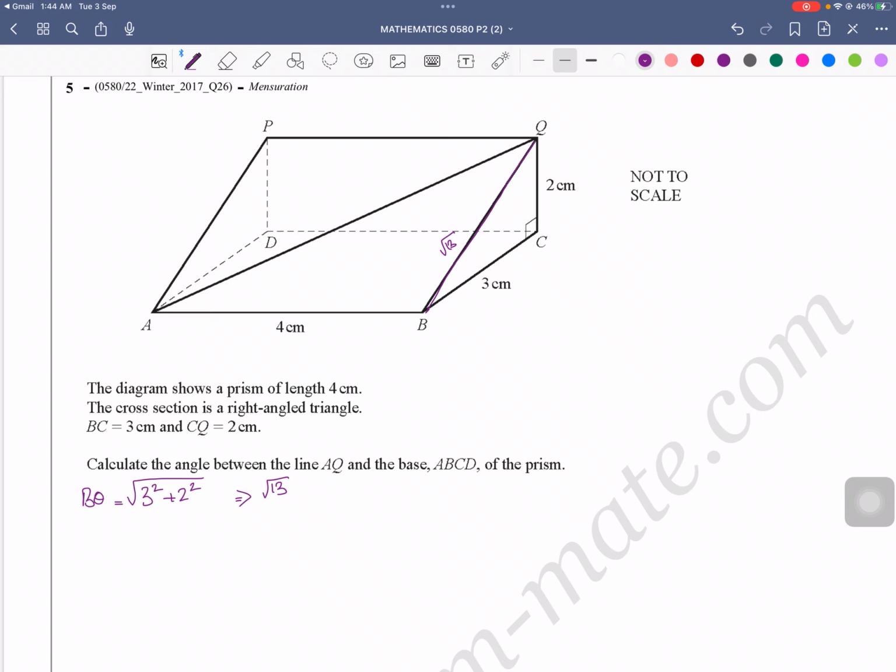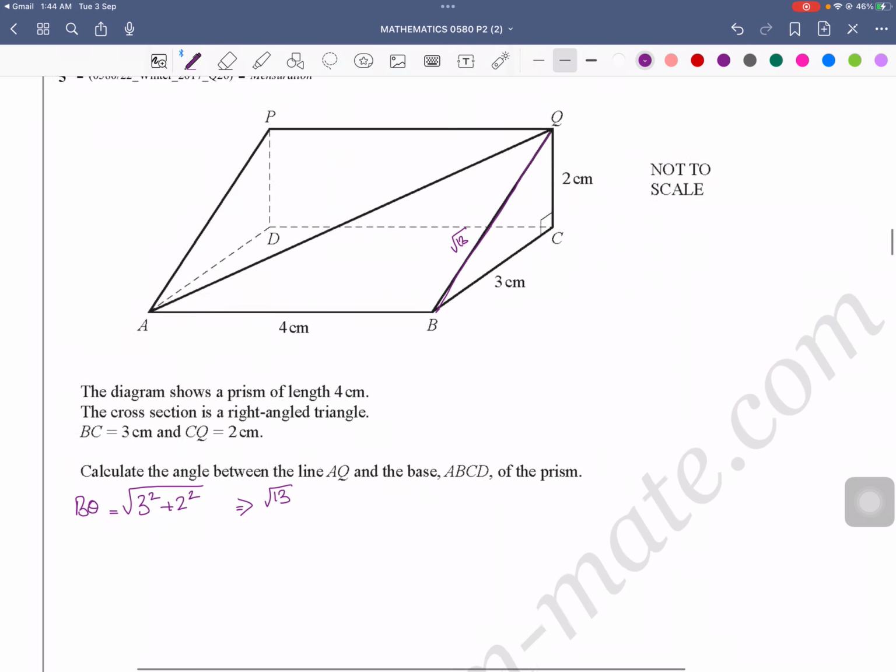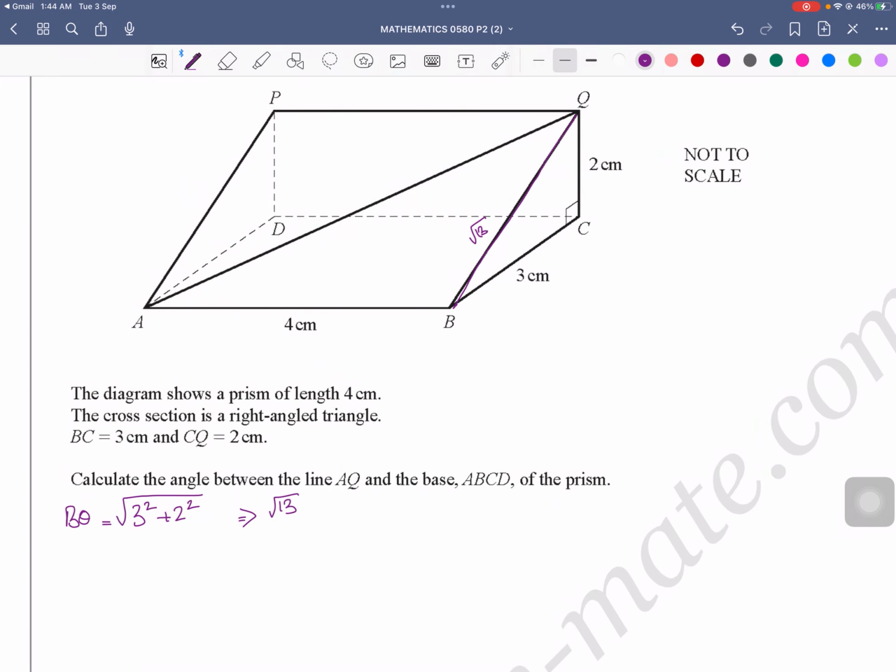Now what we're trying to find is the angle between this line AQ and the base that this line is making over here. So this angle, precisely, is what I am actually trying to find.